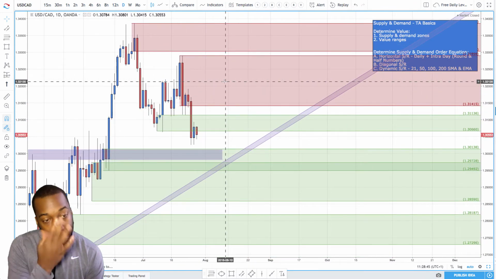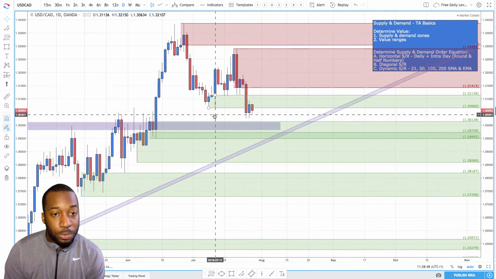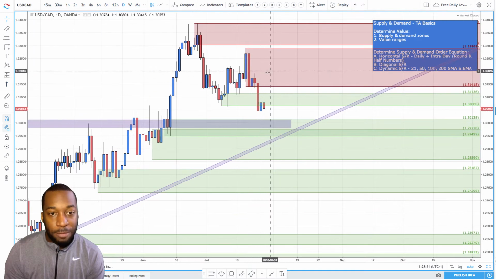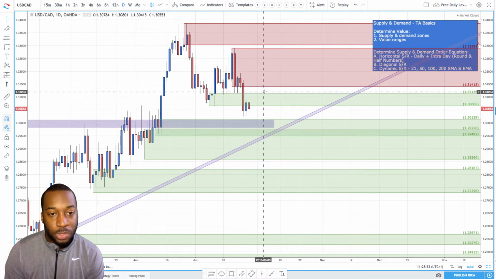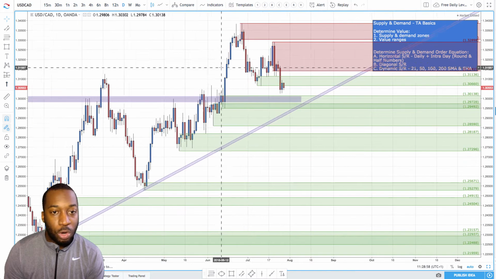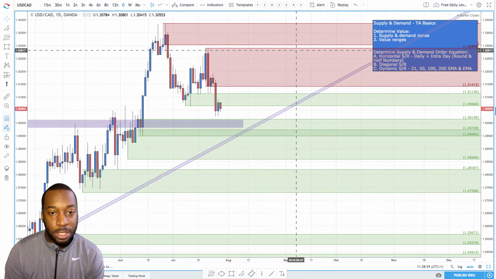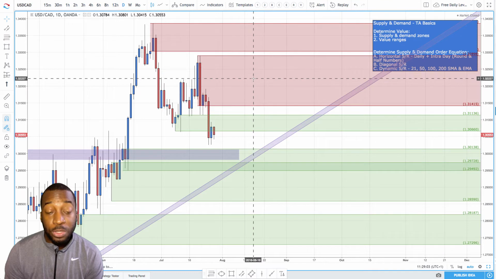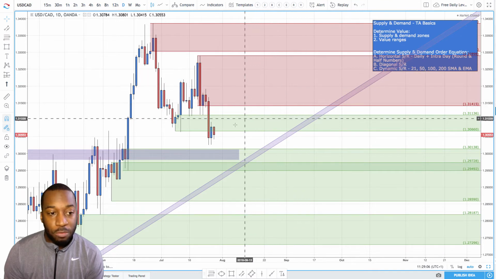So here we go, we've got our overall supply zone. And when we have large supply zones like this or large demand zones, all we do is zoom in or look for horizontal support and resistance within these supply and demand zones, and then we look to take the trade around there.